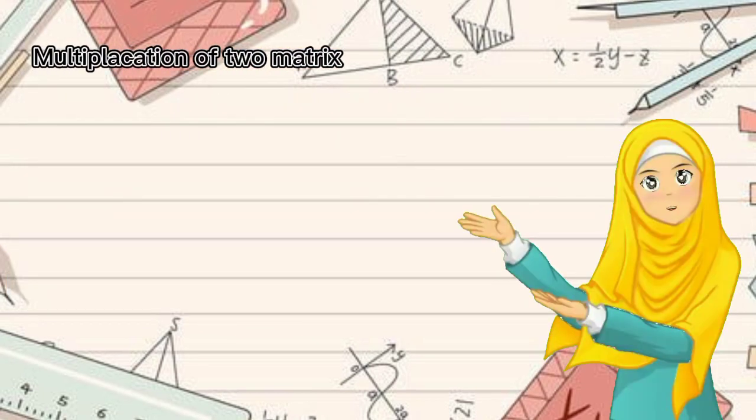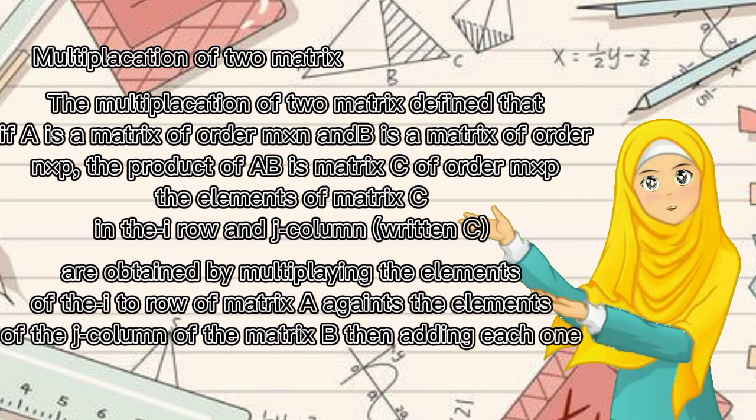Multiplication of two matrices. The multiplication of two matrices is defined that if A is a matrix of order m times n and B is a matrix of order n times p, the product of A times B is matrix C of order m times p.